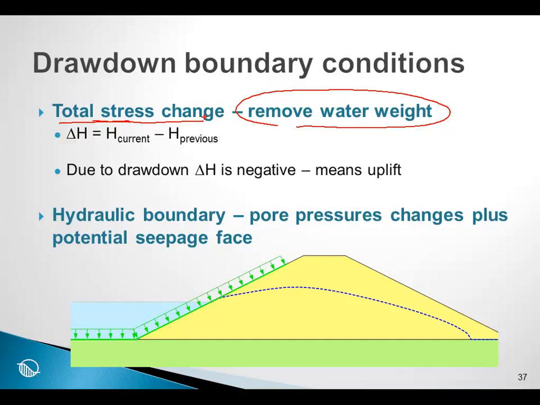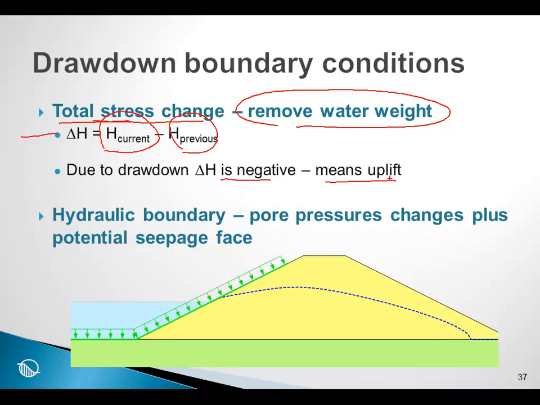And the hydrostatic boundary condition is a function. Since we are drawing the water down, the current water elevation is less than the elevation in the past. As a result, the delta H becomes a negative value, and the negative value, in essence, means there is uplift.